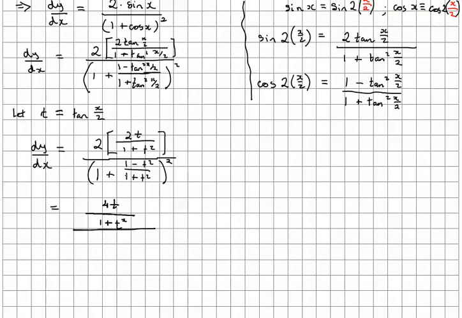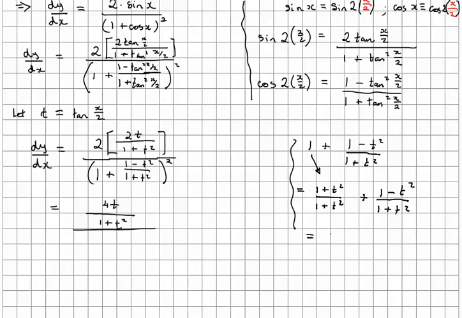okay, let's simplify this fraction. Let's do a little bit of rough work over here. We can simplify this fraction 1 plus (1 minus t squared) over (1 plus t squared). That's the same thing as saying (1 plus t squared) over (1 plus t squared), rewriting 1 as that. We add on 1 minus t squared over 1 plus t squared.